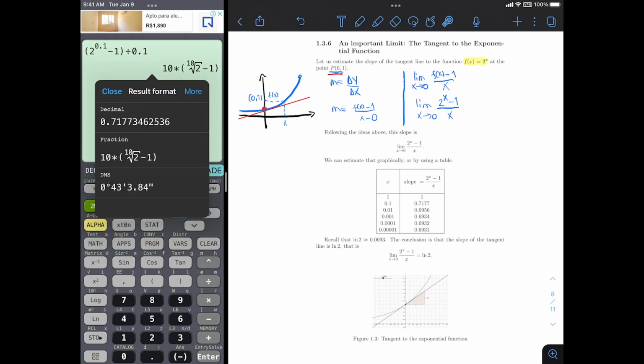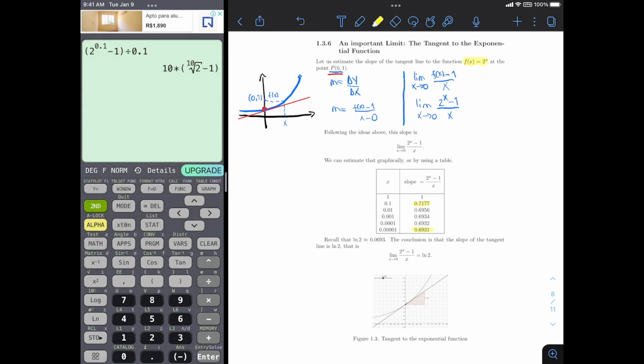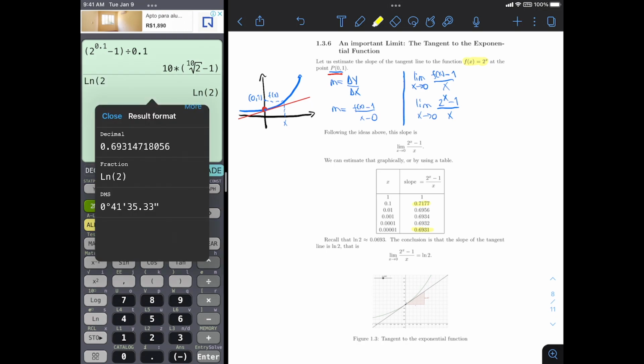I can see my answer in decimals. That's 0.7177, which is exactly what I have here on the right. And as I make the x value smaller in that calculation, I get a value that's closer and closer to some 0.693-ish, as you can see there. But if I remember from previously studying logarithms, the ln of 2 is also approximately 0.693.